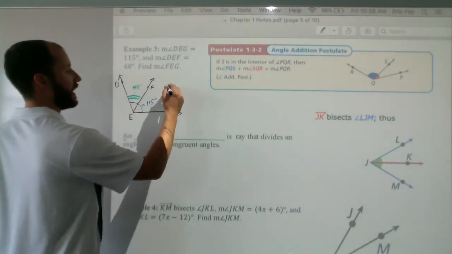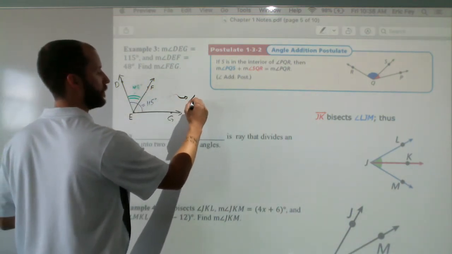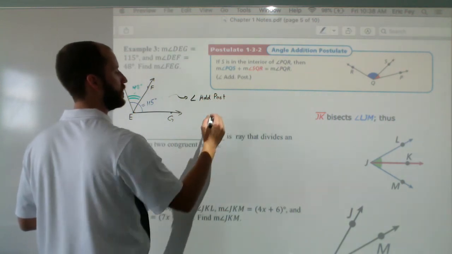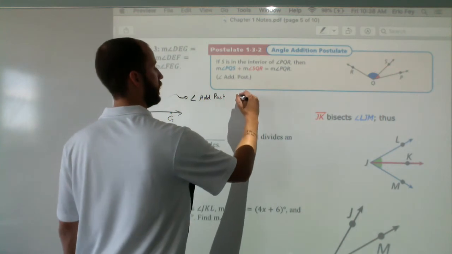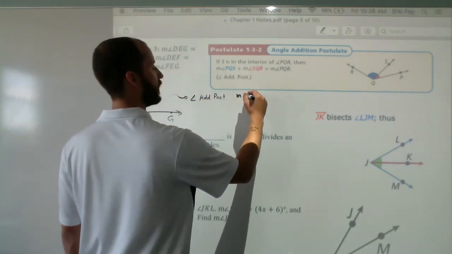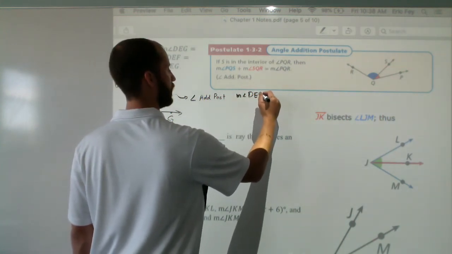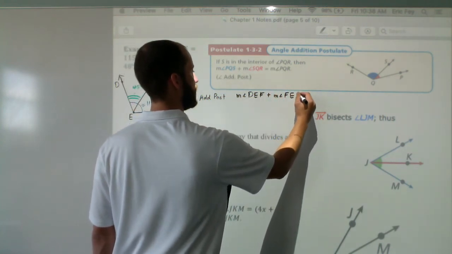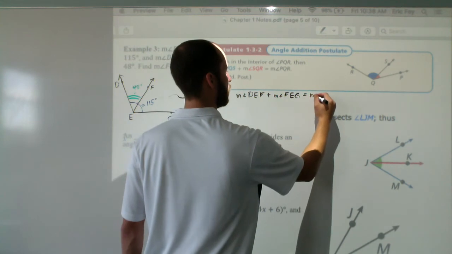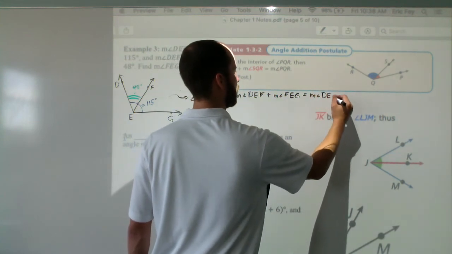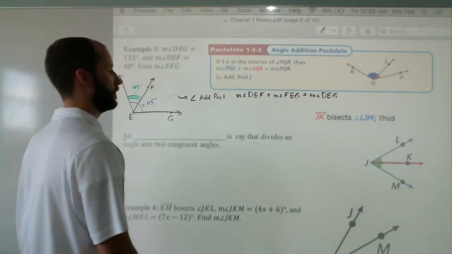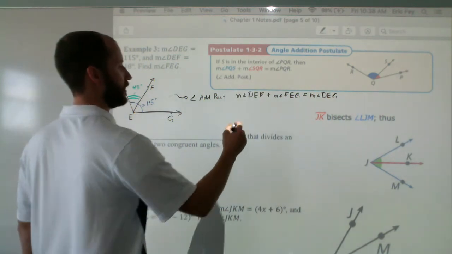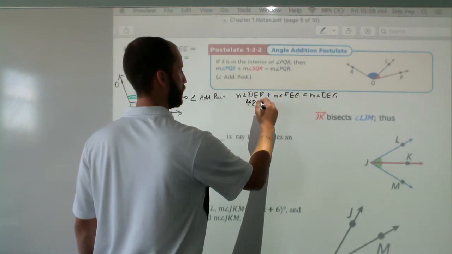So because of this diagram, we can use the angle addition postulate. The measure of angle DEF plus the measure of angle FEG equals the measure of angle DEG. So now let's substitute in what we know. We know that 48 degrees is DEF.